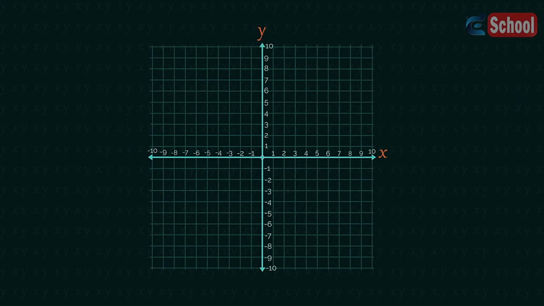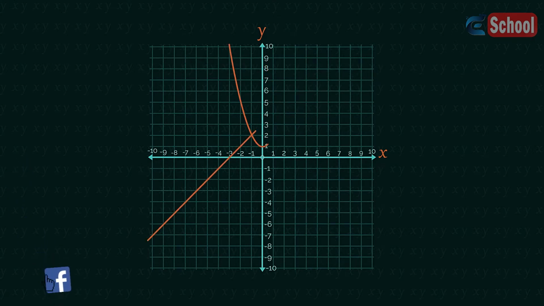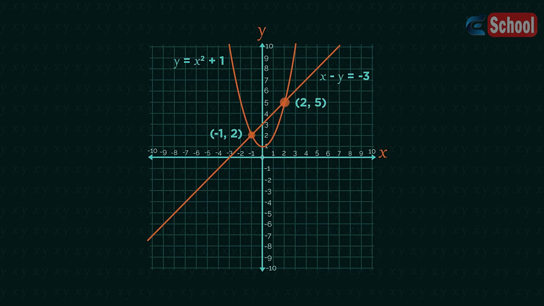When we solve simultaneous equations, we may get one solution, like with these linear equations at 2, 4. Or if a quadratic is involved, we may get two solutions, -1, 2 and 2, 5.